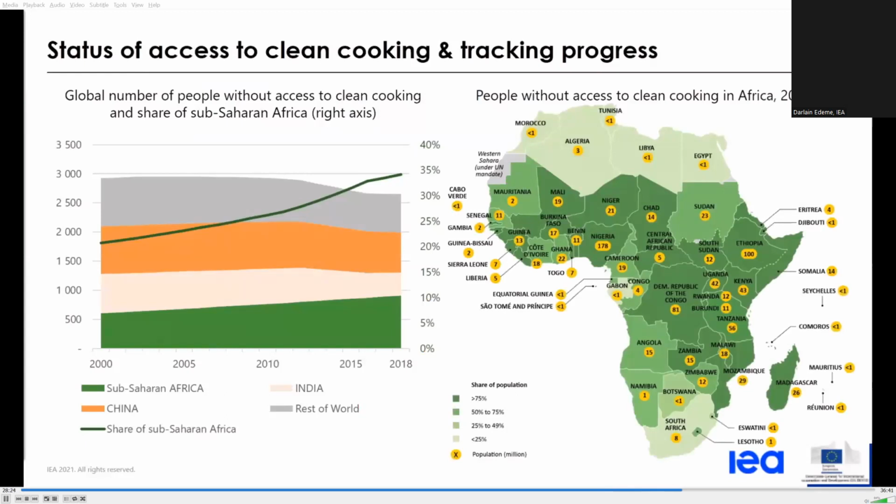Population relying on traditional use of biomass, kerosene, or coal increases from around 900 million people in 2018 to nearly 1 billion people in 2030. This has grave health, social, and environmental consequences, and the resulting household air pollution from traditional uses of biomass continues to cause 500,000 premature deaths a year.